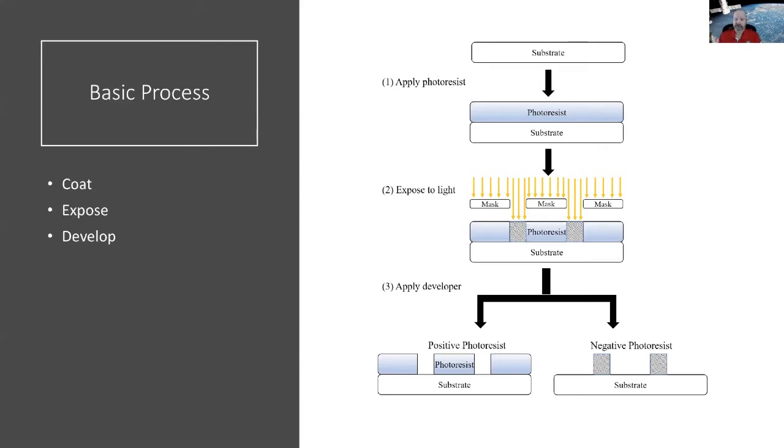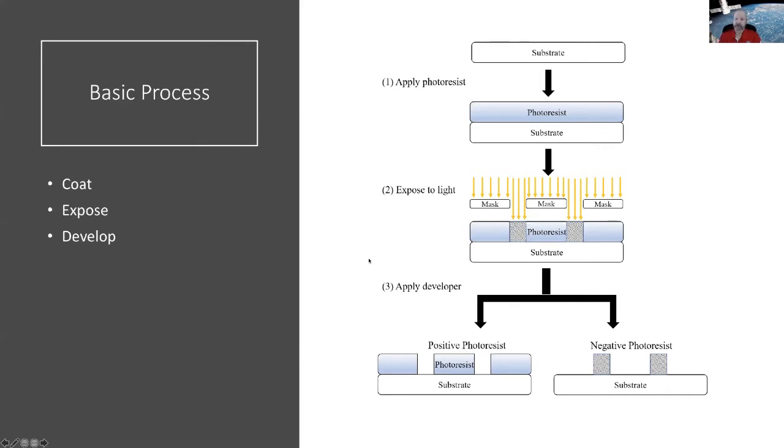In the case of I line and G line, near ultraviolet wavelengths of light, the chrome is usually patterned on top of a quartz piece of glass, because quartz is clear to ultraviolet light. So you shine some light through the mask, and it exposes the photoresist where it's allowed to go through, and it doesn't expose the photoresist in areas where it's not allowed to go through.